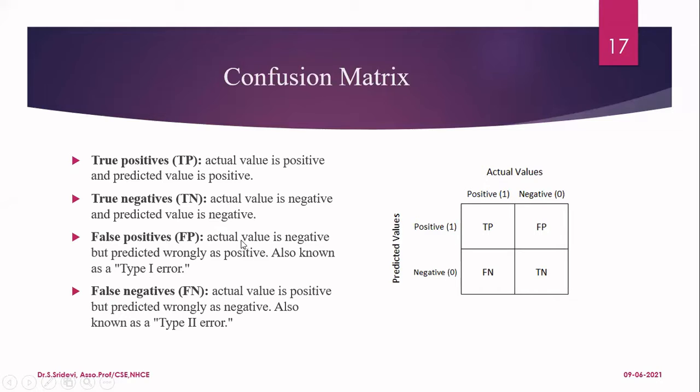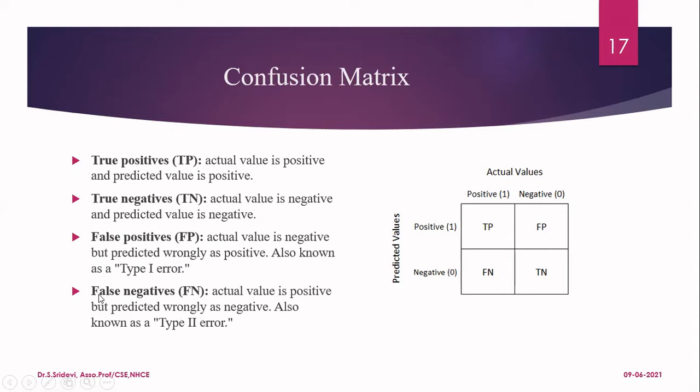So the actual value is negative, but it is predicted wrongly by our model as positive. It is also known as type 1 error. The first two are not errors, they are correct values. The last two are errors. So the false positive error is also known as type 1 error. You can see here, in false positive, the actual value is negative, but my model is predicting the value as positive.